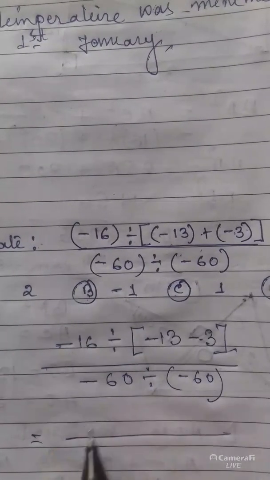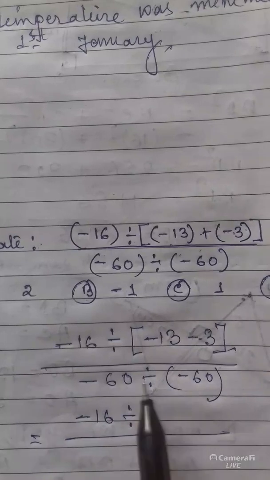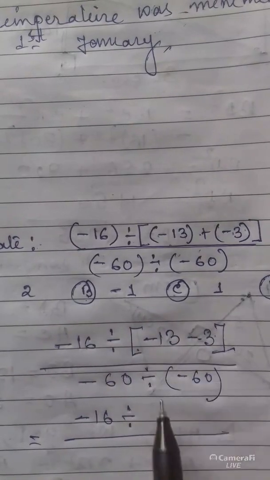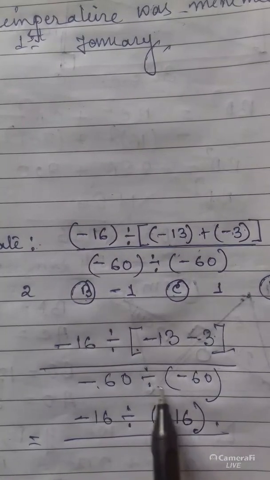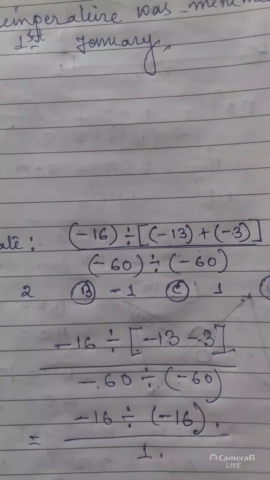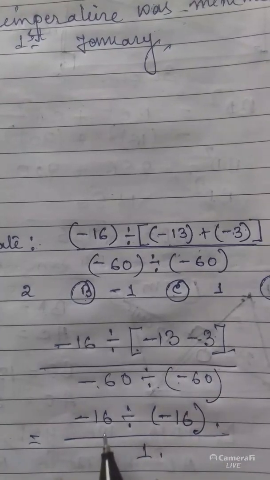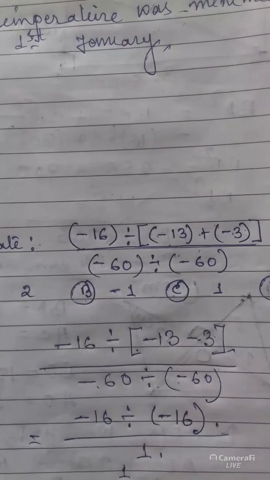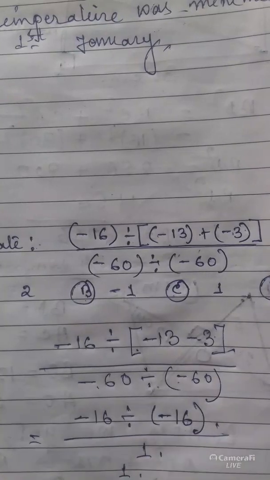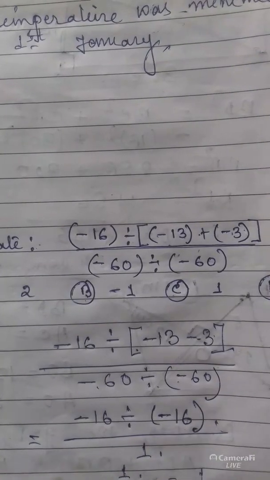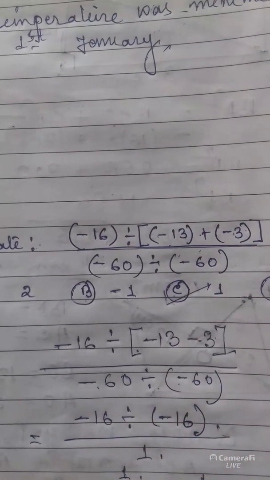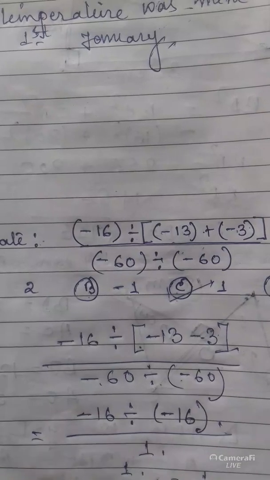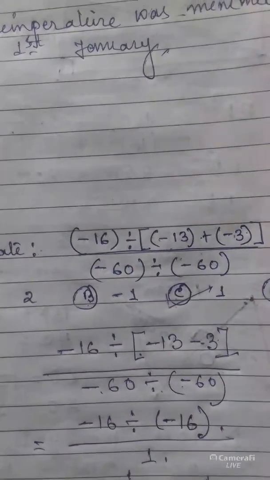Now -16 divided by -16, and -60 divided by -60 means 1. Then -16 divided by -16 means 1. So 1 and 1, 1 by 1 means 1. So option C is the right answer.